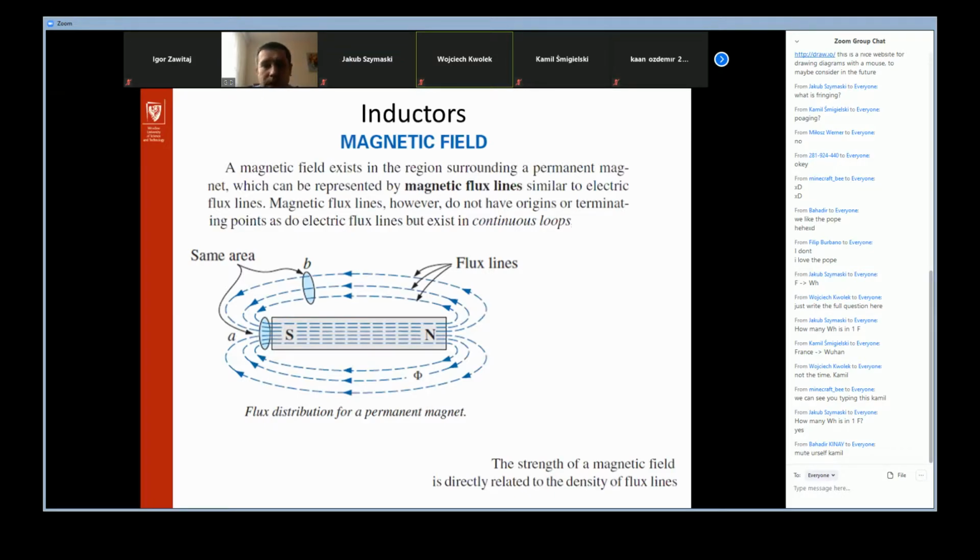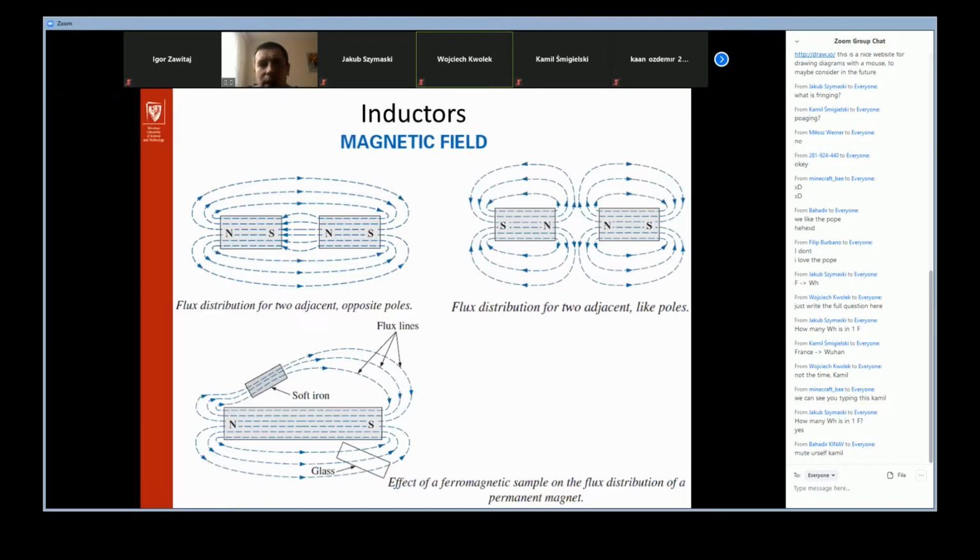And again, of course, I know that you know about magnets. We have two magnets and the two poles are different. So the two magnets will experience a force of attraction. Why?